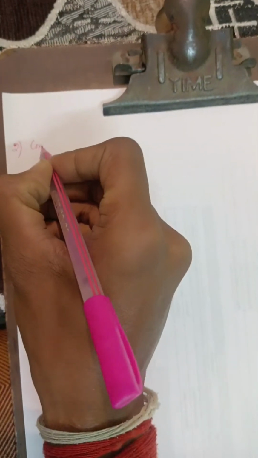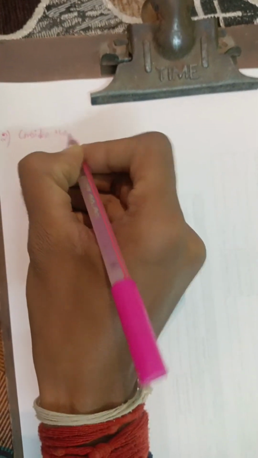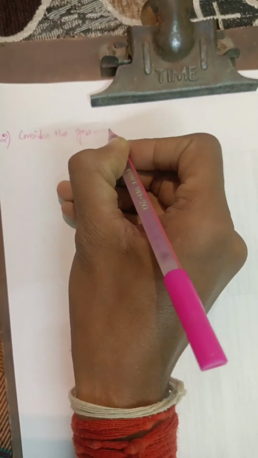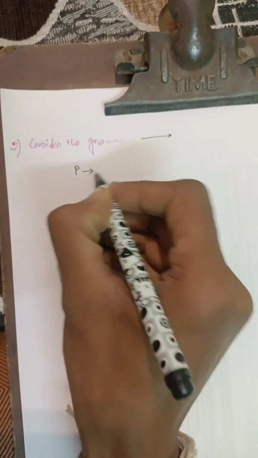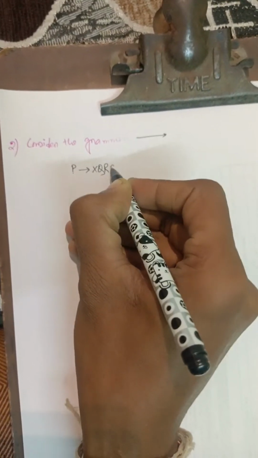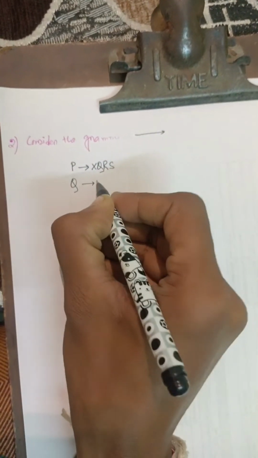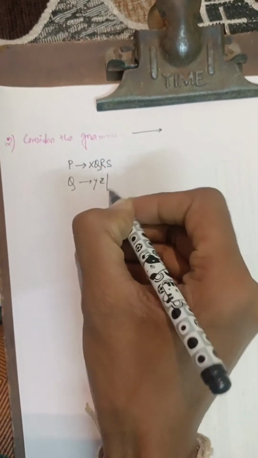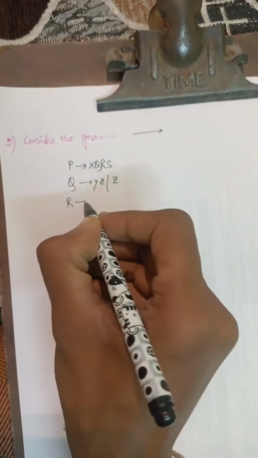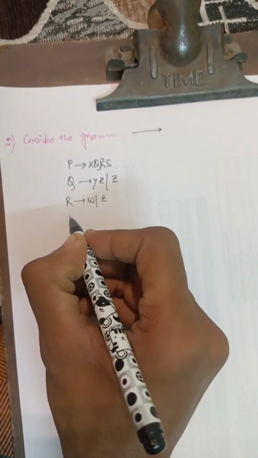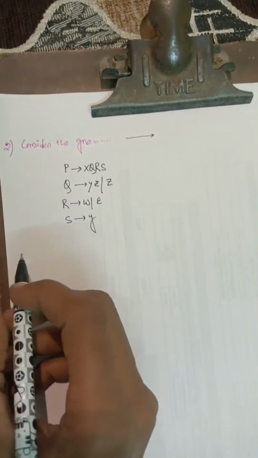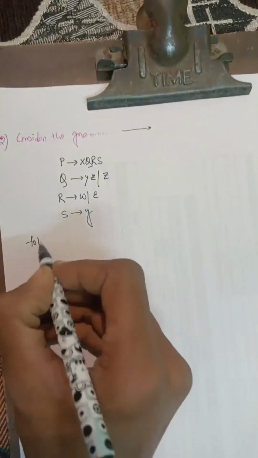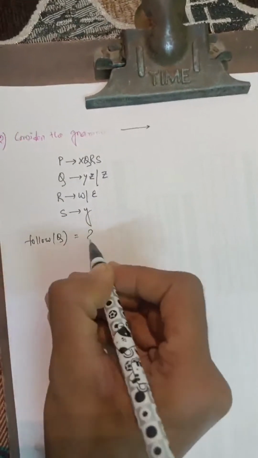Consider the grammar: P is equal to X Q R S, Q is equal to Y or Z, R is equal to W or epsilon, and S is equal to Y. We have to find the follow of Q.